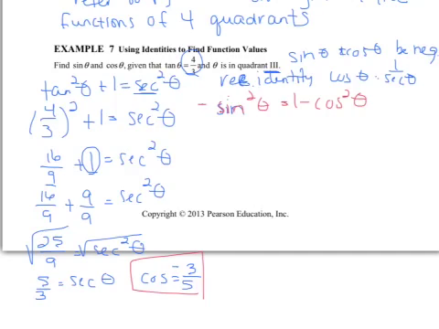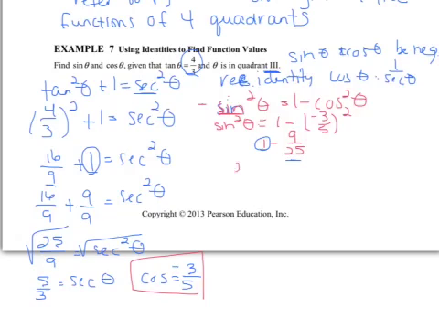So I don't know what my sine value is, so I'm going to say sine squared theta equals 1 minus my negative 3/5 squared. So I'm going to have 1 minus 9 over 25, and I have to take my denominator to change my 1 over 1.